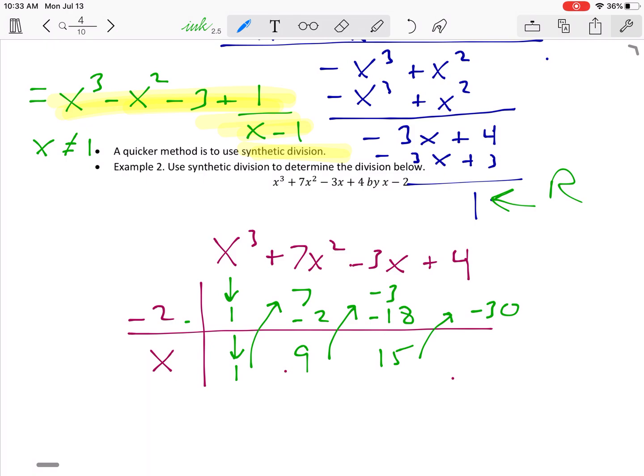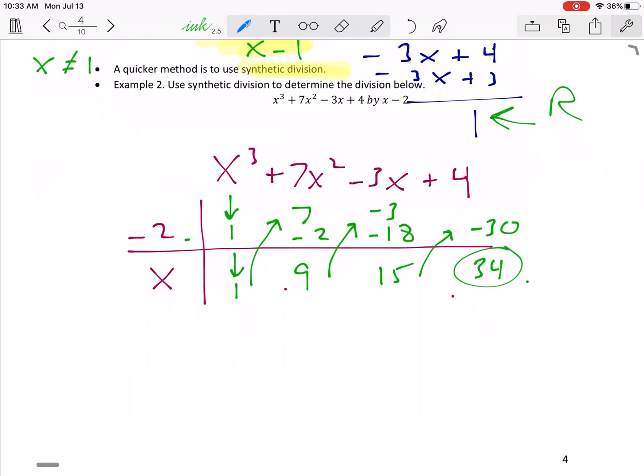And then 4 minus negative 30 is going to give you 34, which is going to be your remainder. So your answer here is going to be x squared plus 9x plus 15 with remainder 34. So that's kind of a faster way.